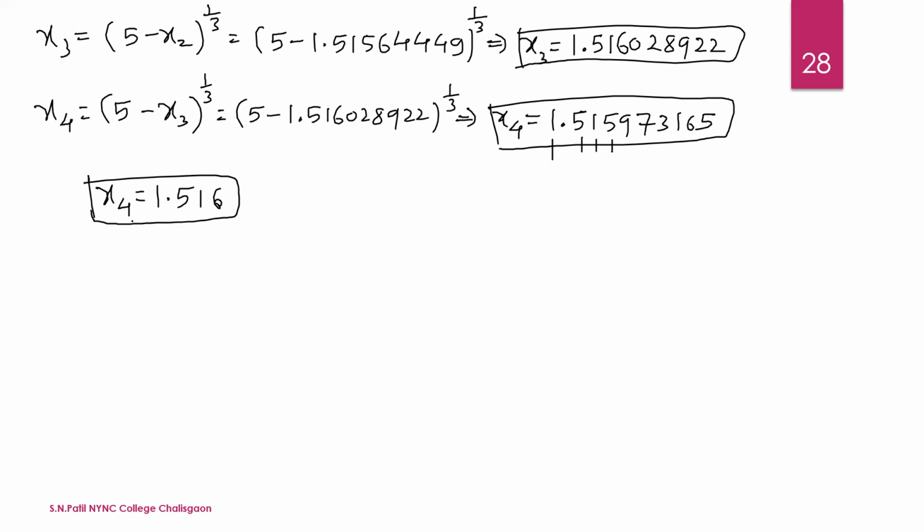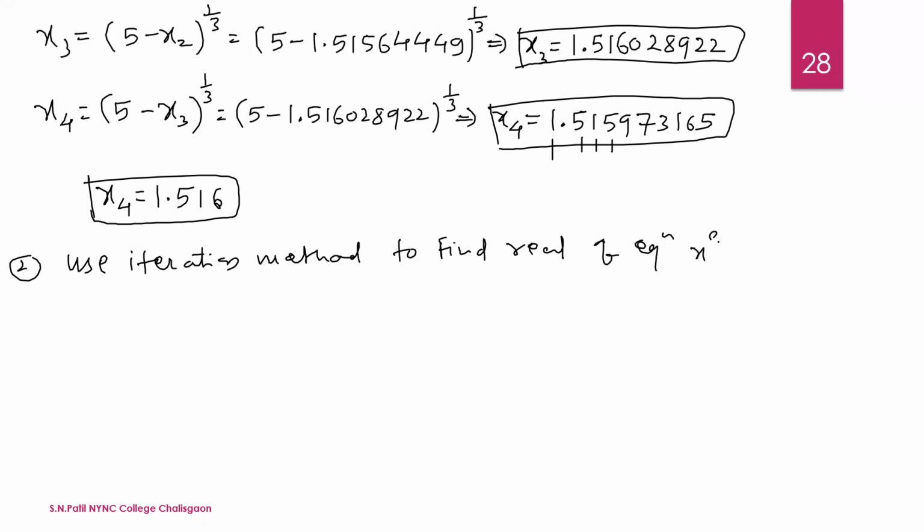Now next question. Second question: use iteration method to find the real root of the equation x cube plus x square minus 1, which lies in the interval 0, 1.